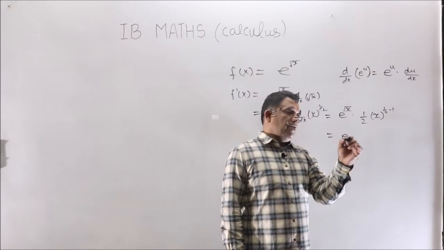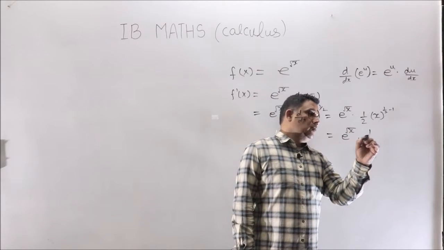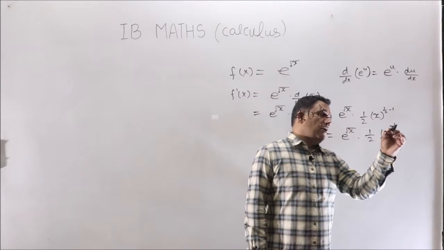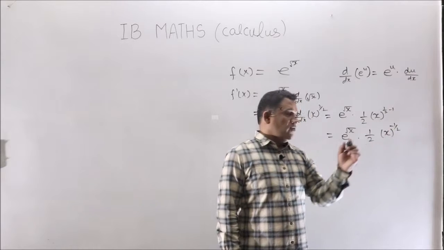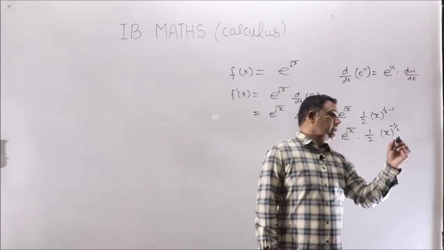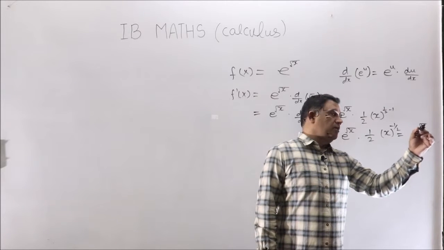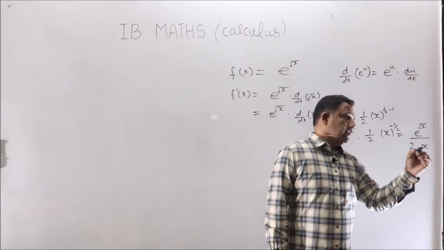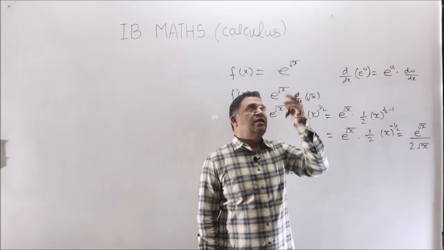So it is like e raised to power square root x times 1 by 2 x raised to power negative half. This will go in the denominator, making a square root of x. So we can write it here like e raised to power square root x divided by 2 square root of x. So this is the derivative of e raised to power square root x.